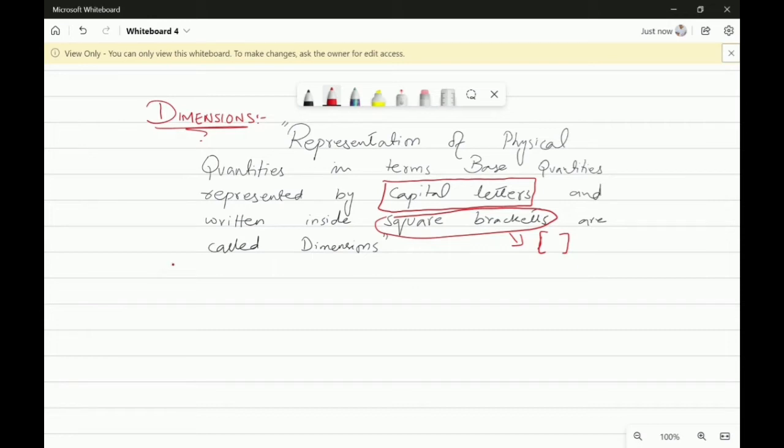Some most widely used dimensions are, we will be using only three at your level.